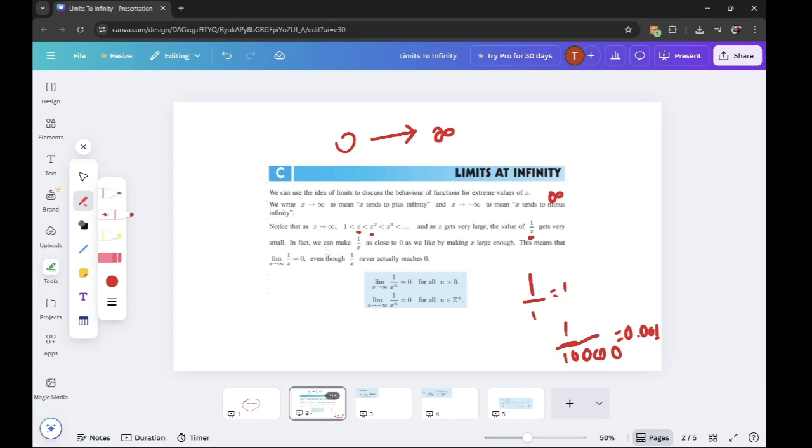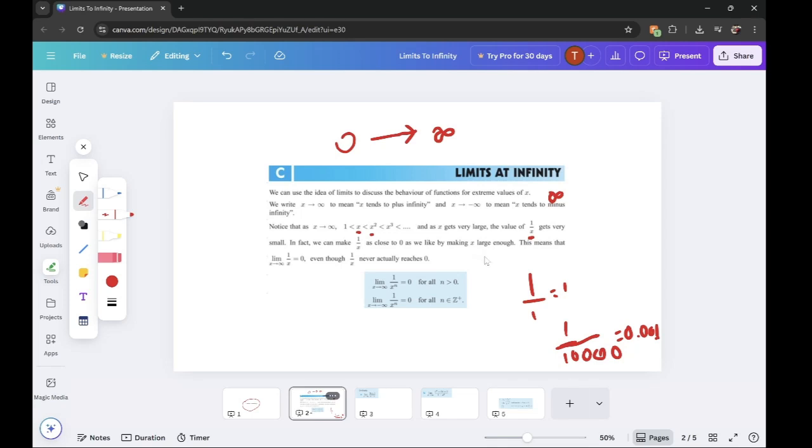In fact, we can make 1 over x as close to 0 as we like by making x large enough. We can imagine the biggest number x can be, because infinity is not even a number. It's just so big that we can't comprehend it.